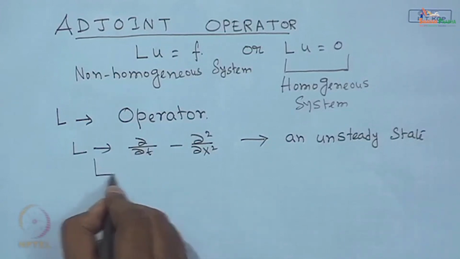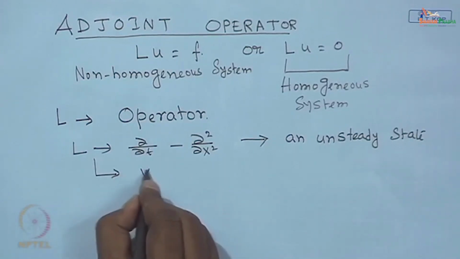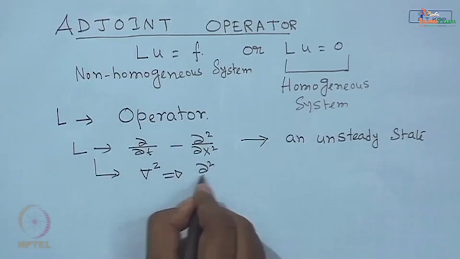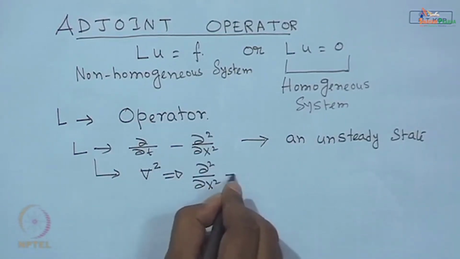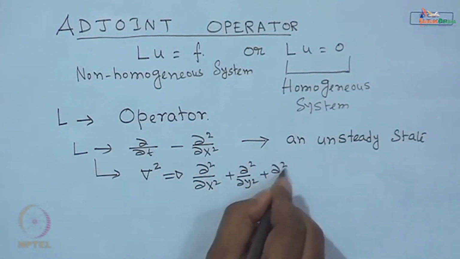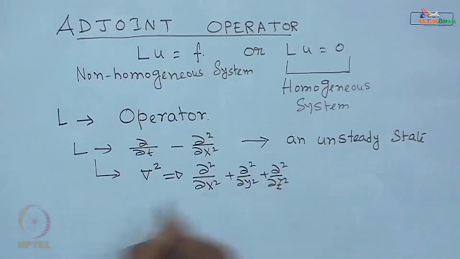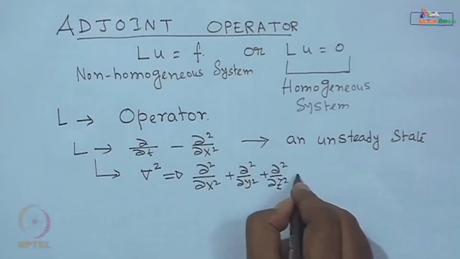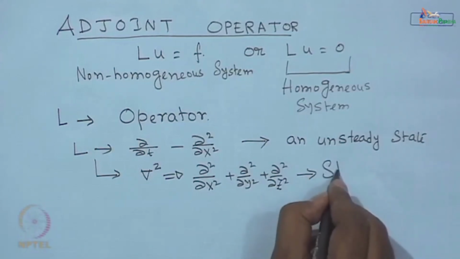L can be only a gradient operator del square. So, it will be del square del x square plus del square del y square plus del square del z square in a 3-dimensional process. So, this is typically an operator for a steady state system.